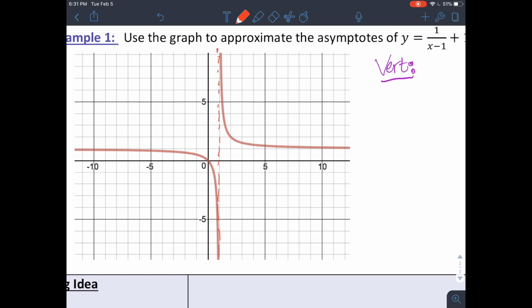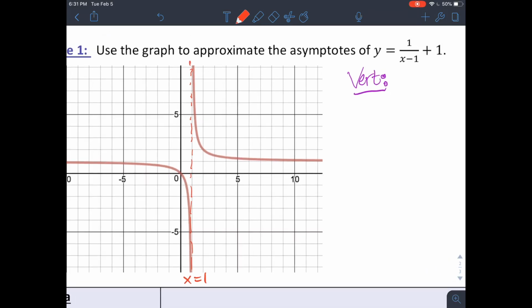So based on that graph, you're going to have a vertical asymptote of x equals 1. And you could also look at your equation. If you try plugging 1 into your denominator there, that would make your denominator equal to 0. So x equals 1 is going to be the equation of your vertical asymptote.